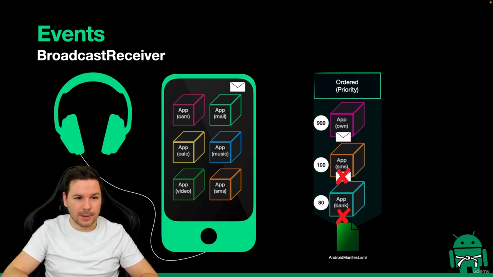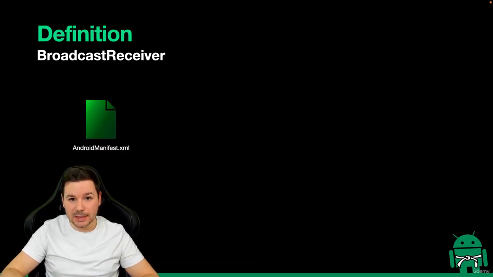Alrighty? Okay, the main question right now might be, where do we have to look for those broadcast events? So as an attacker, how do we find out which events this application is listening to? For example, this mail application might not care about headphones being connected. So where do we find this information? And the answer is over here, in the Android manifest XML.